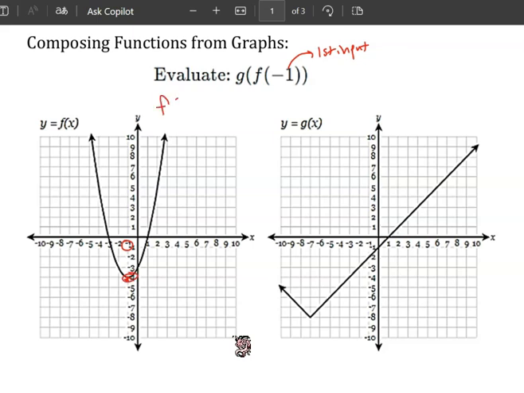So we'll say that f of -1 equals -4. And then we'll find g of -4. Find -4, it is going to equal -5. So the final answer is -5.